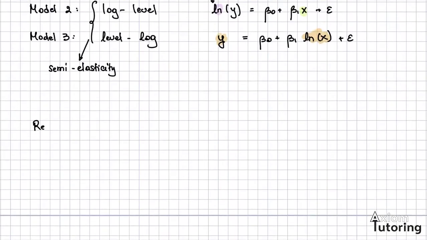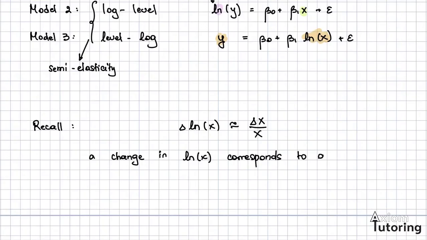Recall from the little video that we introduced in between, on the intuition and the mathematical derivation for the log-level model, that any change in ln of x is approximately delta x over x, meaning a change in ln of x corresponds to a percentage change in x.